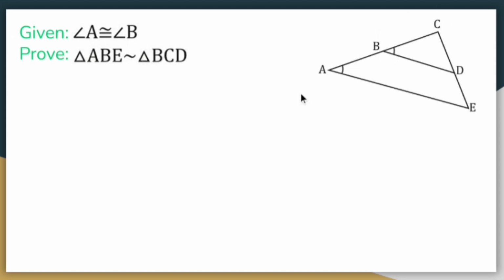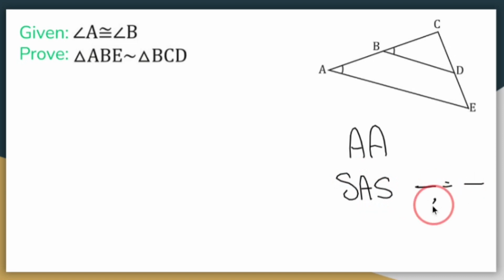So similar is a lot friendlier than congruent. For similar, I have 3 main theorems that I can use. If I could show 2 angles are congruent, I'm done. If I could show that 2 sides are proportional, so side over that side is equal to that side over that side, and if I show that 2 angles are congruent, I'm done. Or I could show that that side over that side equals that side over that side equals that side over that side, and then I'm done.